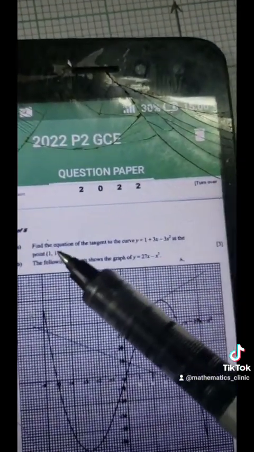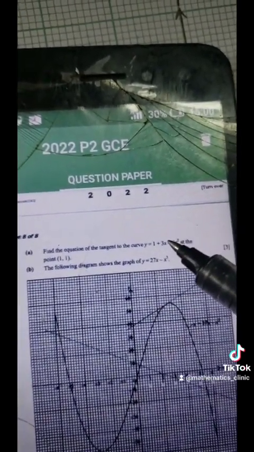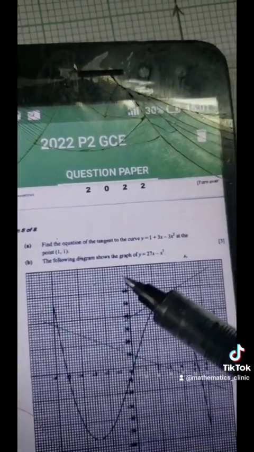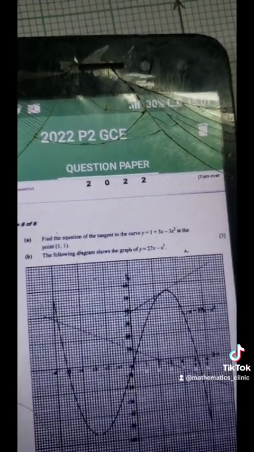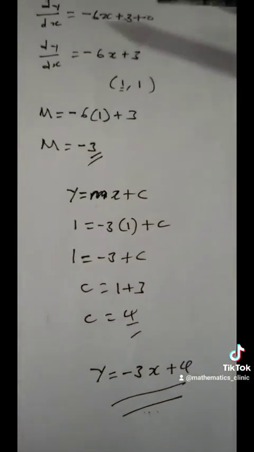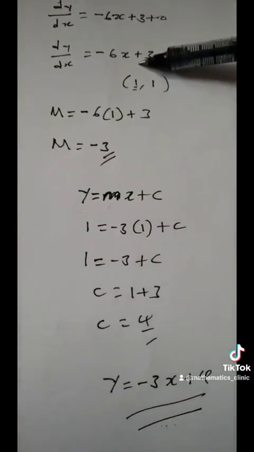So I've managed to answer this question completely. To find the equation of the tangent, we first find the gradient. After finding the gradient, we bring in the equation of the straight line, then find the y-intercept. We found the gradient by differentiating our function to get the gradient function.